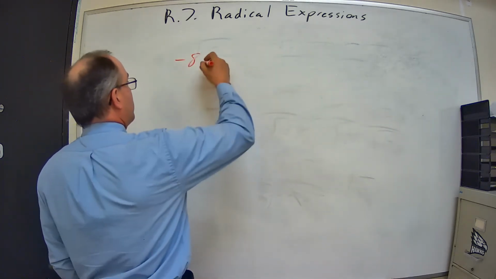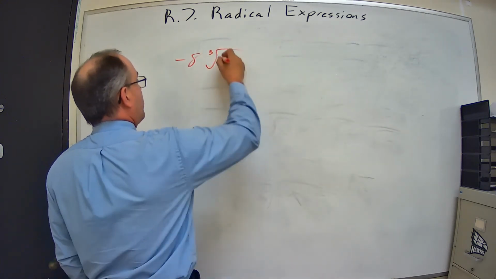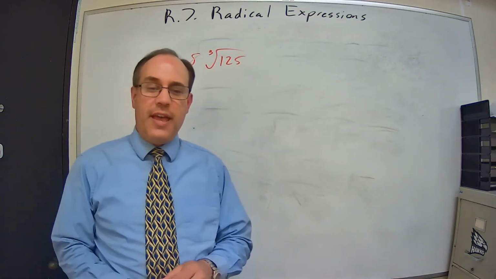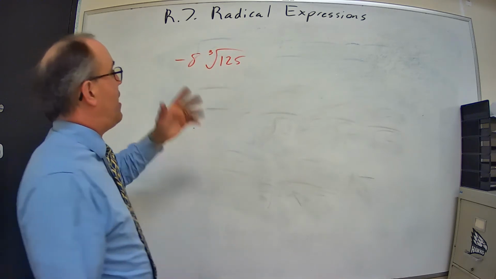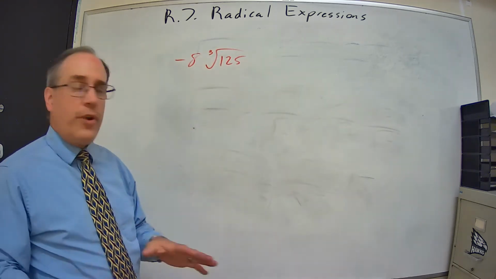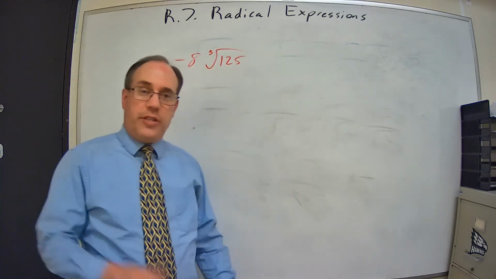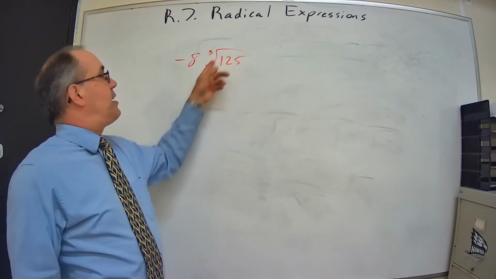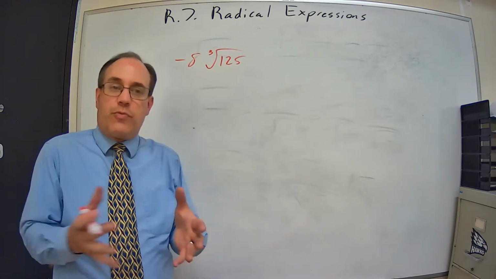Negative 8 times the cubed root of 125. Okay, so negative 8 times the cube root of 125. Well, what we're going to look at first, remember order of operations. Order of operations does not change just because we're working on other things. Order of operations says parentheses or grouping first. So anything inside this radical would be worked on first because that's grouping.